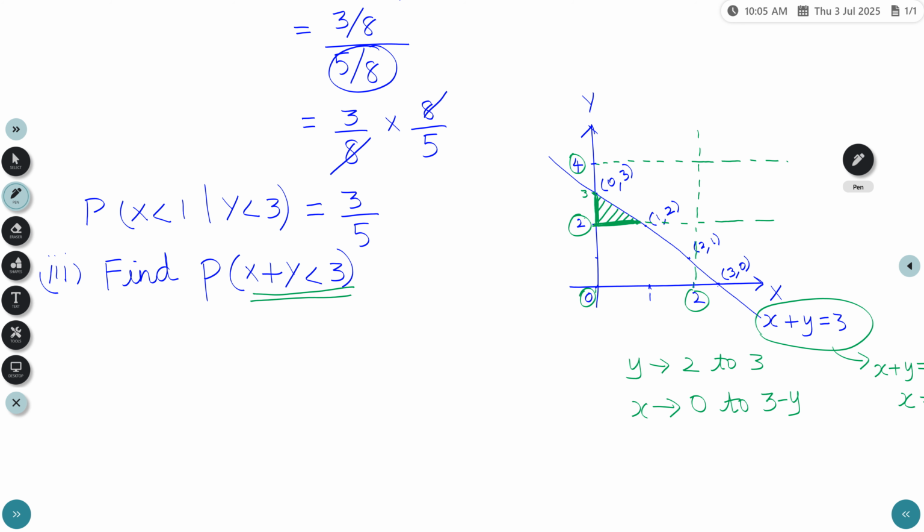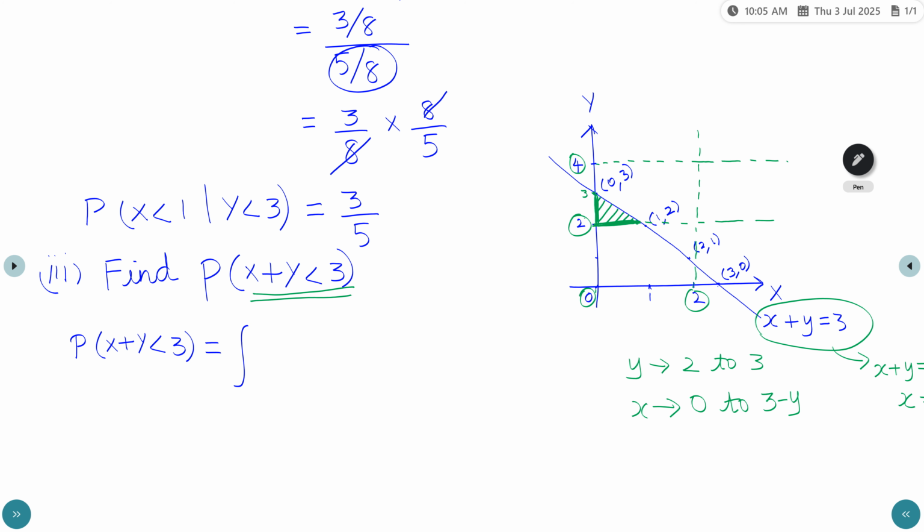So to find p of x plus y less than 3, y integral limits are 2 to 3, and then x integral limits are 0 to 3 minus y. F of x comma y dx dy.